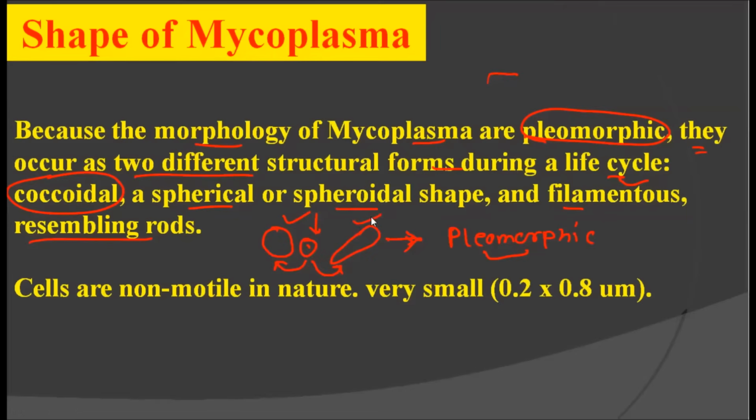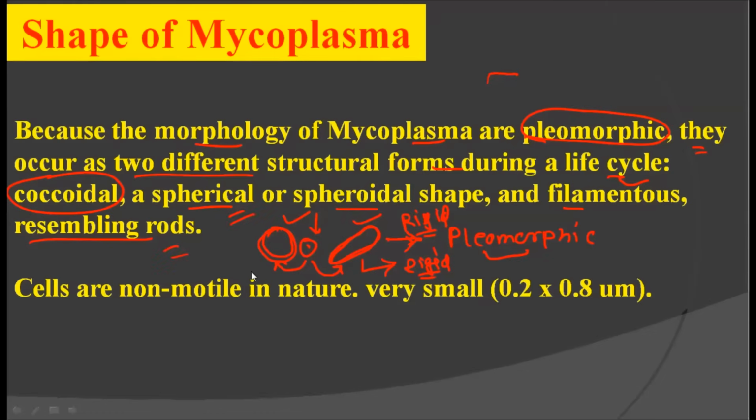In a single life cycle, they show a rounded type of body, and then they show filamentous types of body. They don't have any definite shape due to the lack of cell wall. Due to the lack of cell wall, they don't have a rigid body. That is why they are said to be pleomorphic, showing spherical and filamentous structures in one life cycle.